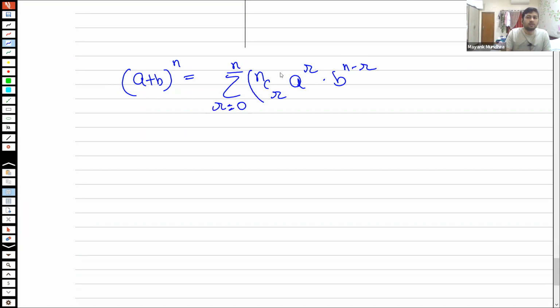Now, what is nCr? nCr is n factorial upon r factorial into (n minus r) factorial.